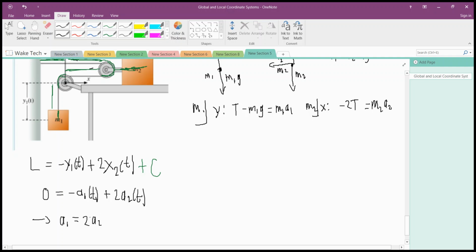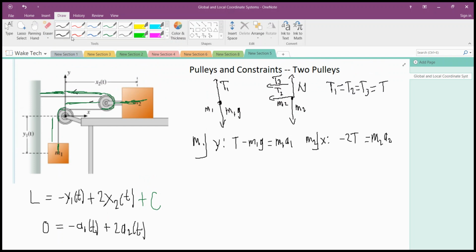a1 in the coordinate system for m1 is equal to 2a2 in the coordinate system for m2. All right, so we can write our constraint as we've done before. They're the same magnitude, but multiplied by 2, same direction as well in their coordinate systems. So we get a1, we can write that as a, and a2, we can write that as 2a. We then plug in, and we get T minus m1g is equal to m1a.